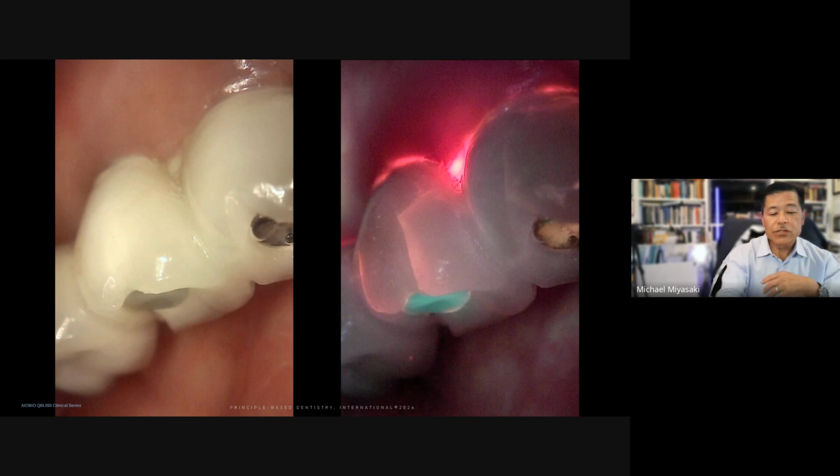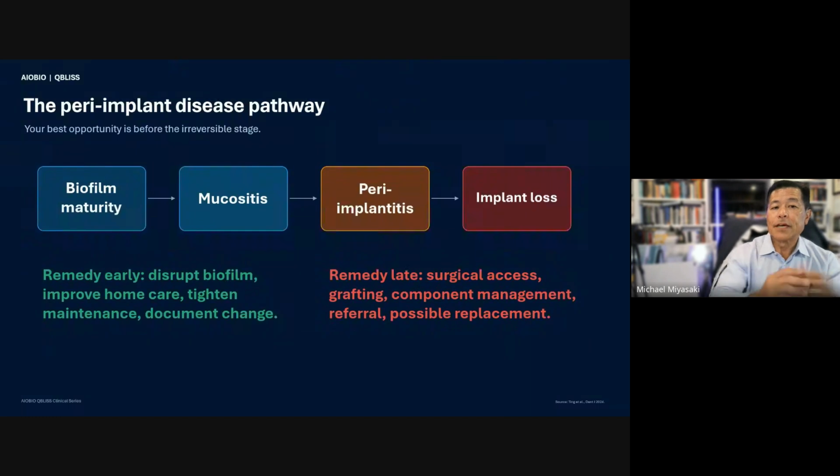It's good information for the patient to have, because now this patient understands what we're up against, how we want to keep these implants in the bone because they've made a large investment, but that we are up against some challenges here. So when we get this biofilm and it matures, then we can get the mucositis, and that can progress into peri-implantitis. And then if it progresses into the loss of the implant, that's not a good thing.